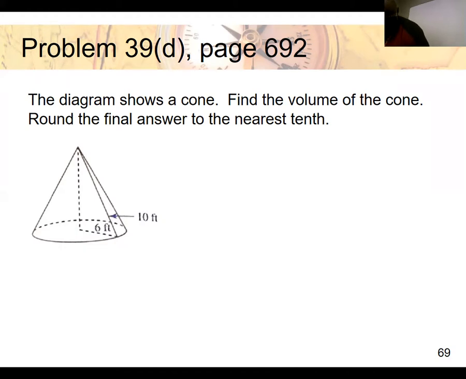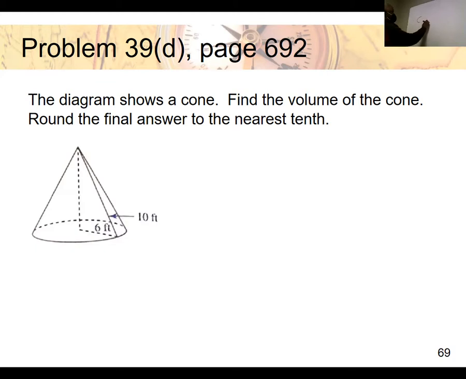Okay, and this is the one that I left off. We did talk about the volume of a pyramid, which was a regular pentagonal pyramid. This one is a cone that you see here. We want to find the volume of that cone, and we're going to round the final answer to the nearest tenth.